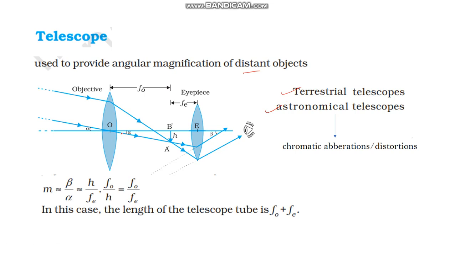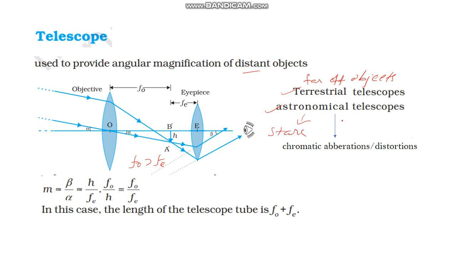It too has an objective and an eyepiece. Here the focal length of the objective is bigger than the focal length of the eyepiece. Terrestrial means on the earth, far off bodies. You want to see far off objects. But with the other type, you want to see stars.